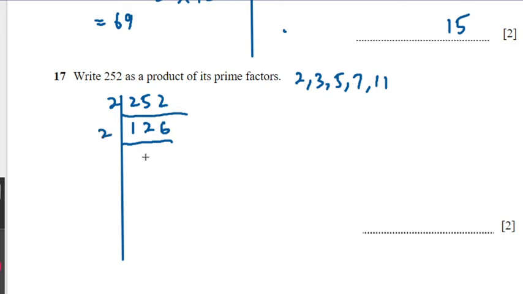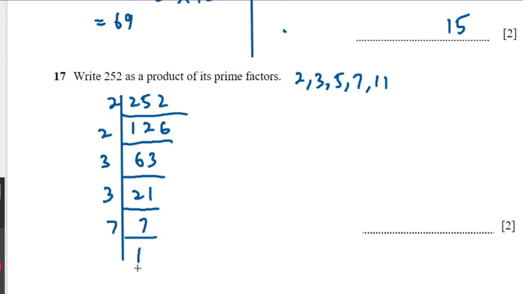So this is 2 times 63, and then it's not even, so we divide by 3, because it's obvious it can be divided by 3. Divide by 3, you get 21. Then 21, I'll pick 3, then 7, and divide again by 7 until you get 1.